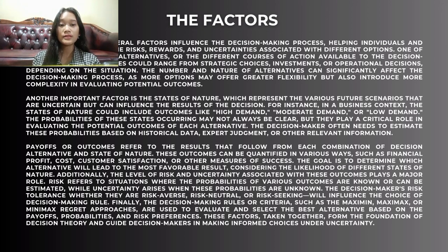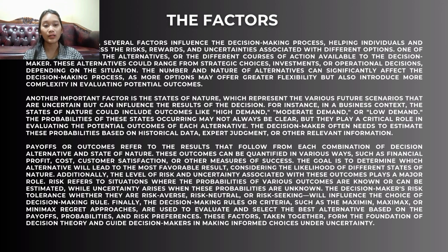These alternatives could range from strategic choices, investments, or operational decisions. Depending on the situation, the number and nature of alternatives can significantly affect the decision-making process, as more options may offer greater flexibility but also introduce more complexity in evaluating potential outcomes.